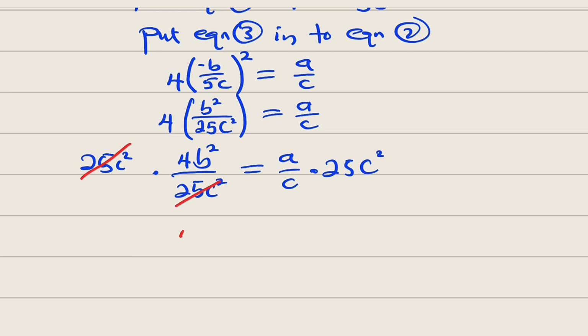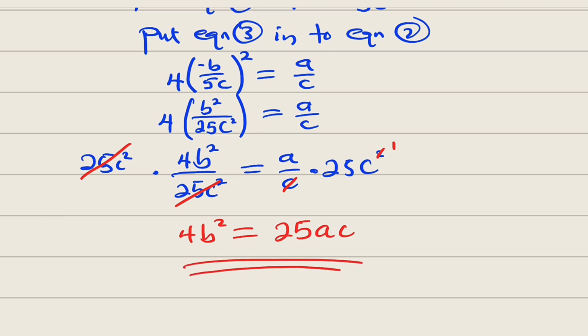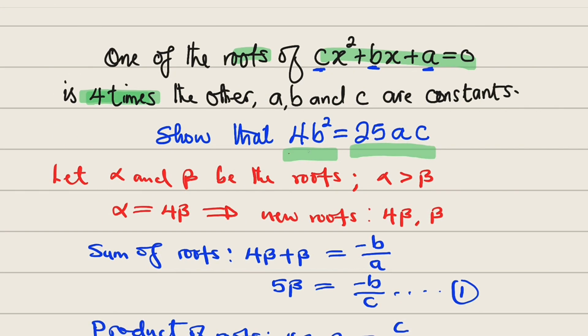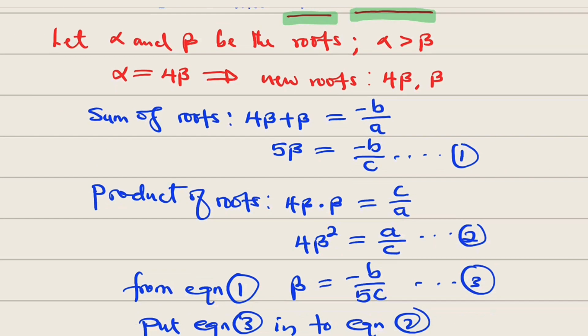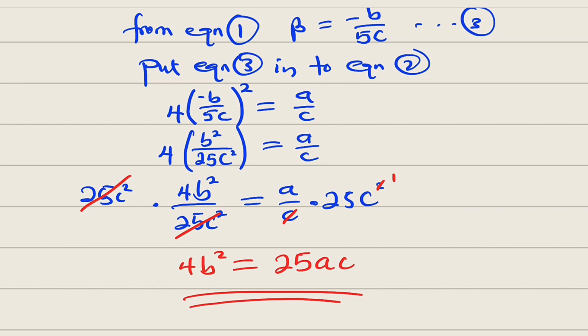To the left we have only 4b squared, and to the right you can see that one of the c will cancel one here, leaving 25c to the right multiplied by a, which is the same thing as 25ac, and hence proved, because the question asks us to show that 4b squared is the same thing as 25ac, which we have just shown as 4b squared equal to 25ac.